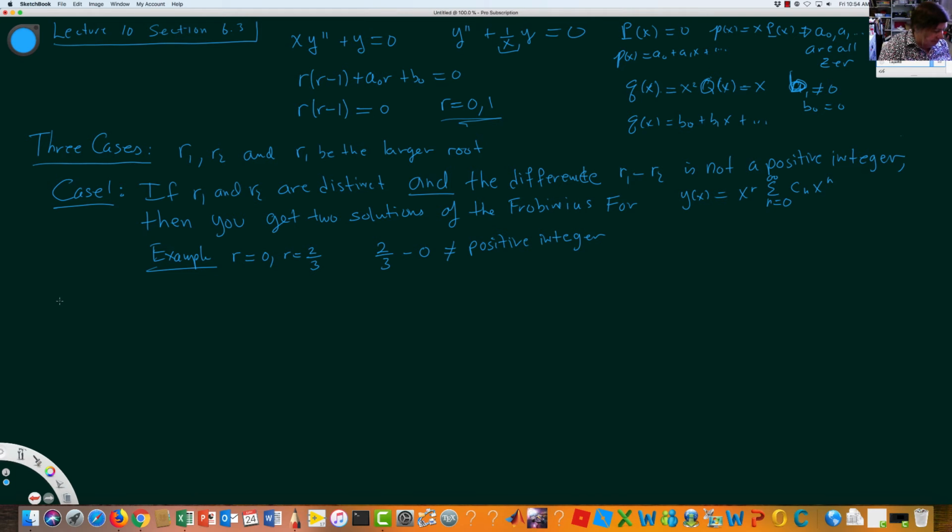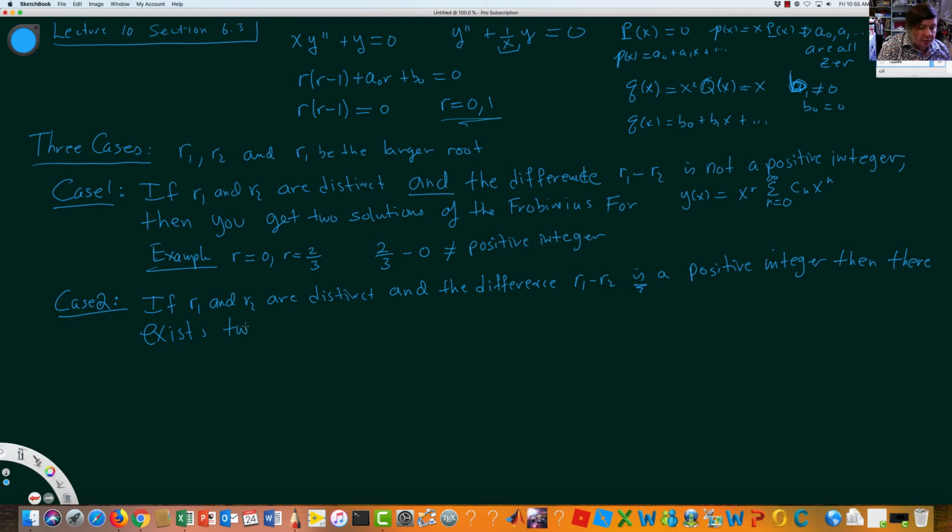Okay, let's look at case 2. I've got to go back to my notes here. All right, case 2, where we have R1 and R2 also distinct, and the difference R1 minus R2 is a positive integer, then there exist two linearly independent solutions, but there's a catch.